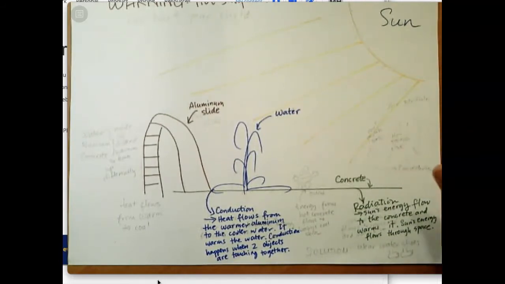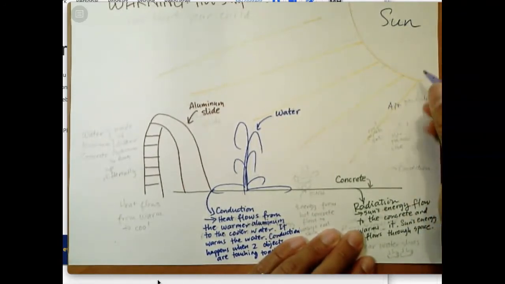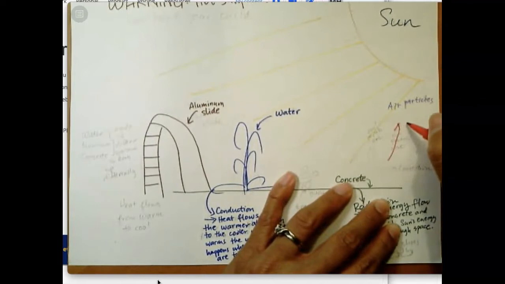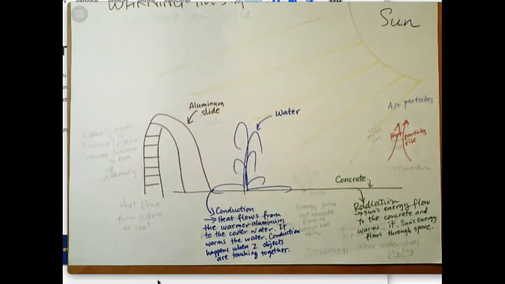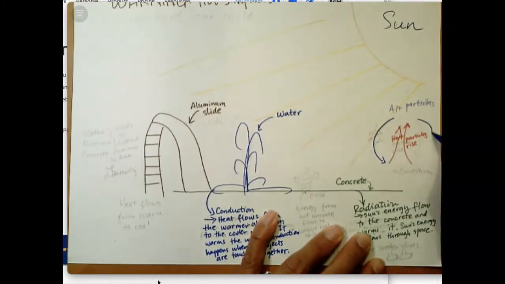I'm going to choose the air particles with convection. So if I have air particles here, I'm going to show in red that the hot air particles rise, and then the cooler particles sink, and it goes through a cycle.